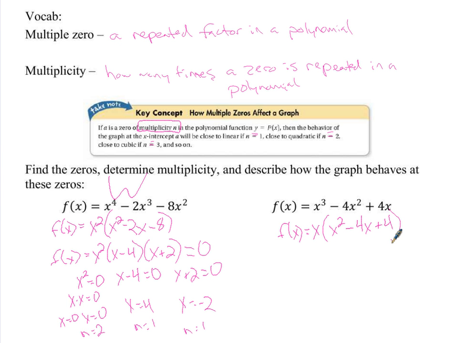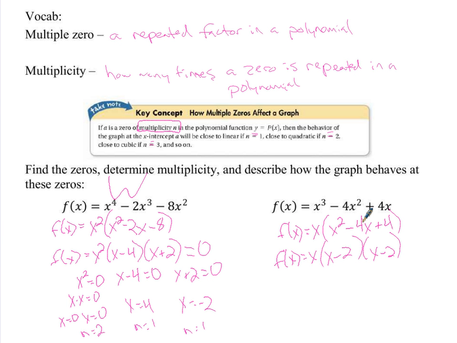Not done factoring, so keep going. x times... x plus 2 times x plus 2. Do those add to give me negative 4? So yeah, so it's x minus 2, x minus 2. Negative 2 times negative 2 is positive 4. Negative 2 plus negative 2 is negative 4.